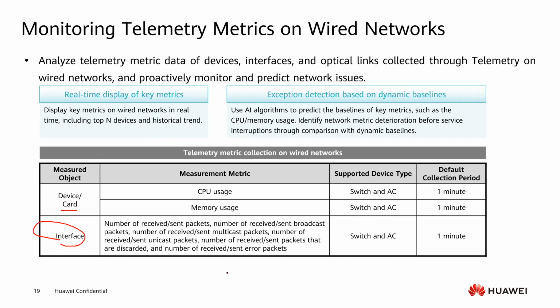Also, if the interface frequently goes up or down, all of this information will be detected by the telemetry and displayed to you in real time, and it will identify the issue, locate the root cause, and also give you suggestions.